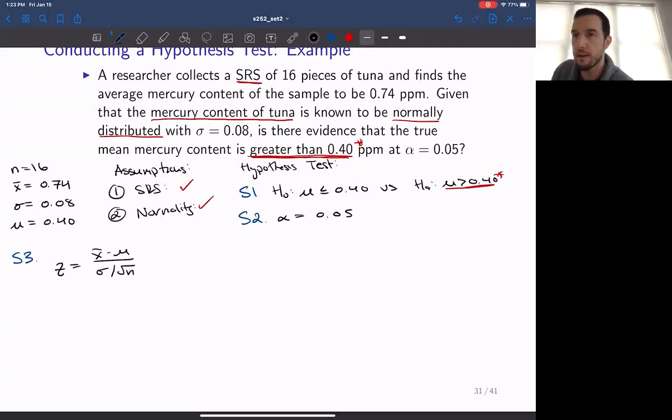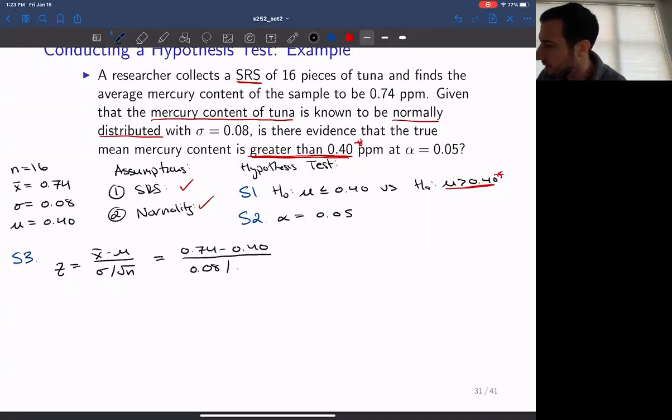So notice that I'm using a Z score on step 3 because I have sigma, which is the population standard deviation. So now I plug in. And this gives me a Z score of 17.